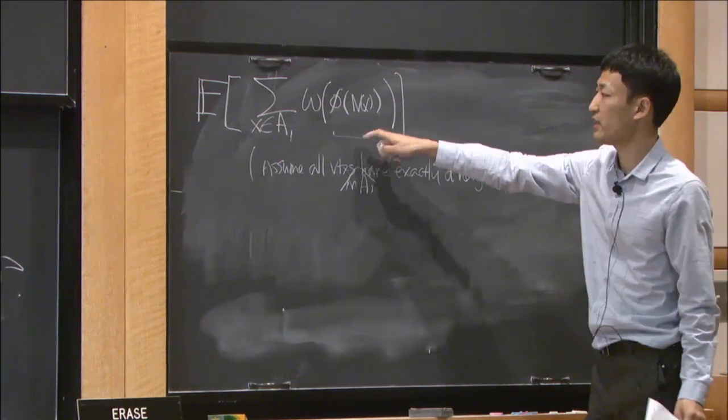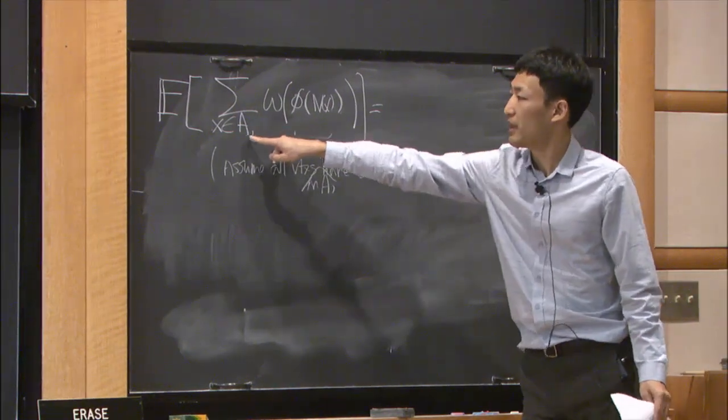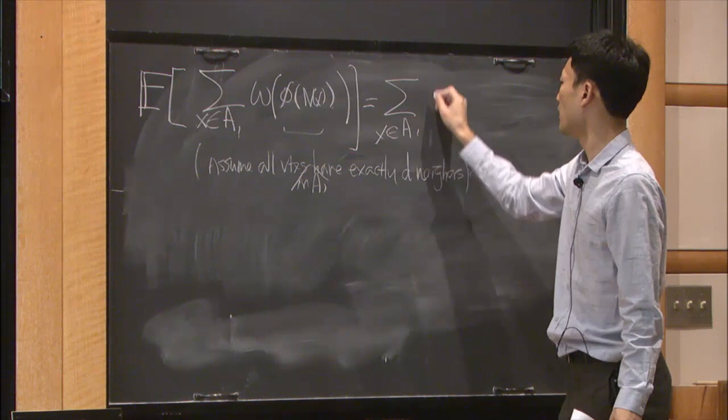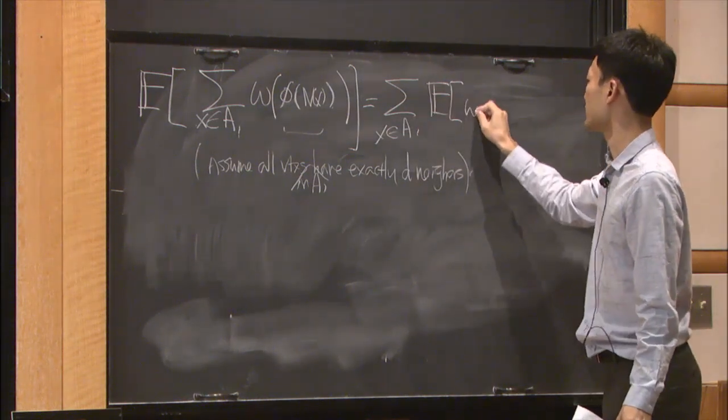And this computation is quite easy, actually, because by linearity of expectation, I can put the sum out. This is the expected value of a single defect.